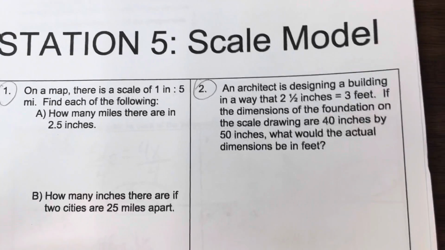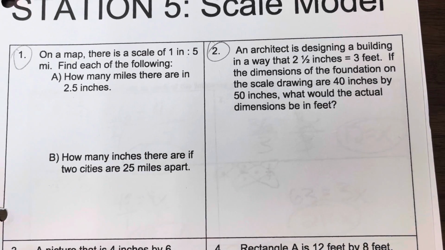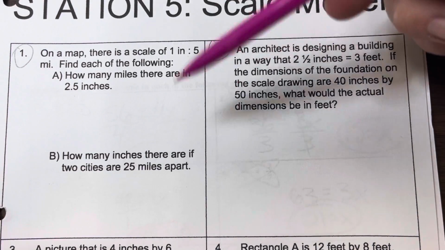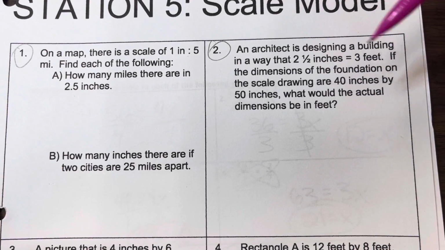Okay. Now I'm going to put our scale model problems on here. So remember, when we were doing, even though I was remote from home and Mrs. Oliver was in the classroom with you guys, when you talked about scale model, could be a scale drawing, scale model, scale picture.